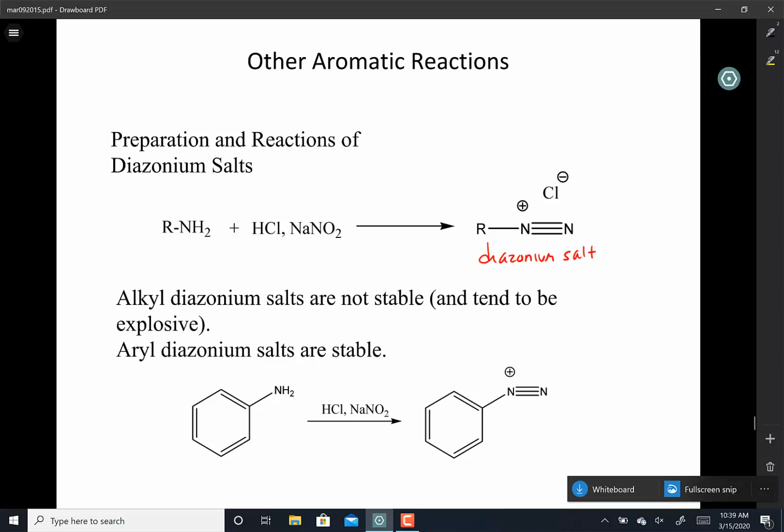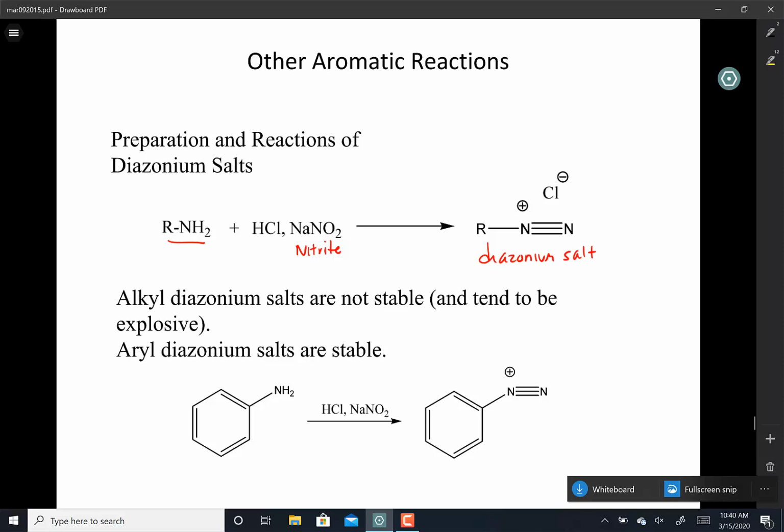How do we make this diazonium salt? Well, we take our amine and we add to it HCl and sodium nitrite. Okay, NO2 is nitrite, not nitrate. So we add HCl and sodium nitrite to the amine, and we make the diazonium salt.